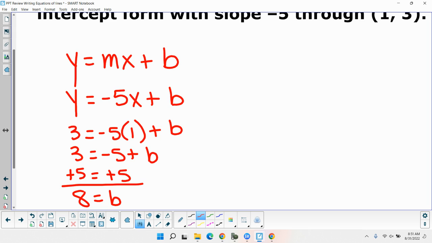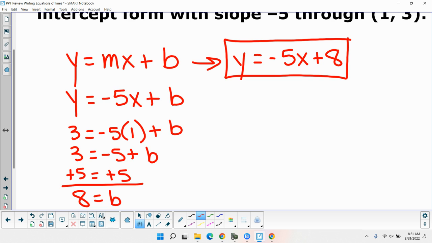Well, okay. So here's the form I want it in. So tell me what y equals. Negative 5x plus 8. Thank you.